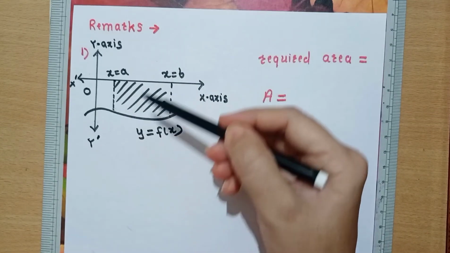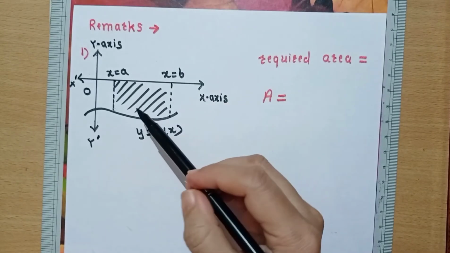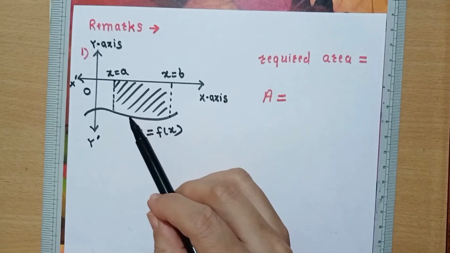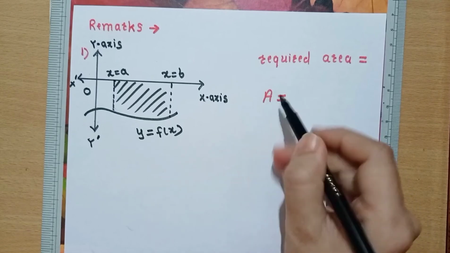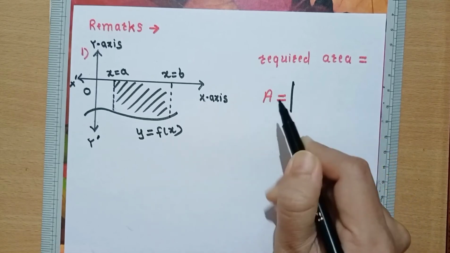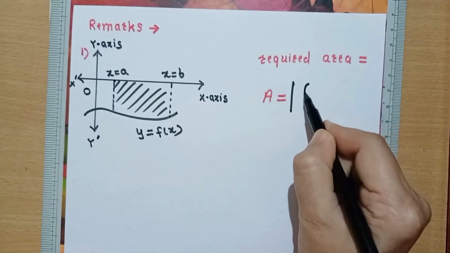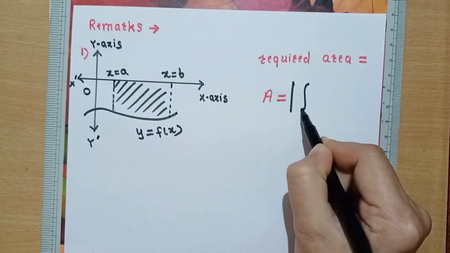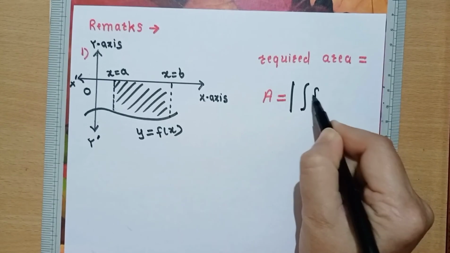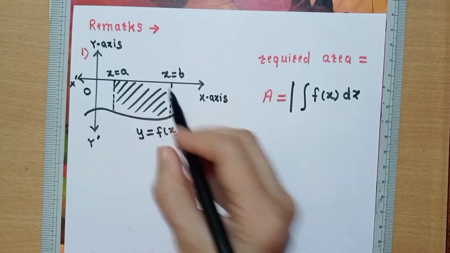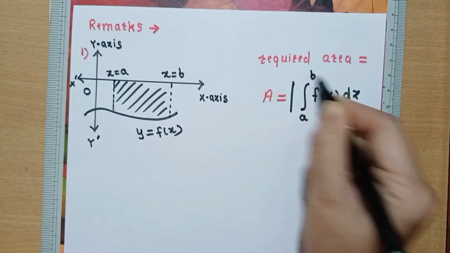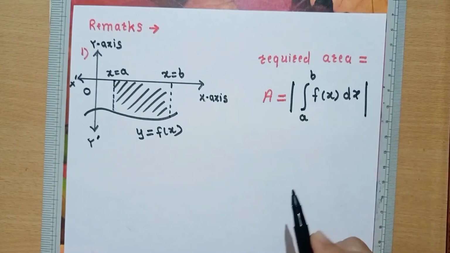Since this area is below the x-axis, it is negative. So in such a case, we will consider the absolute value. So the required area A is equal to mod of the integration of f of x dx, with limits from a to b.